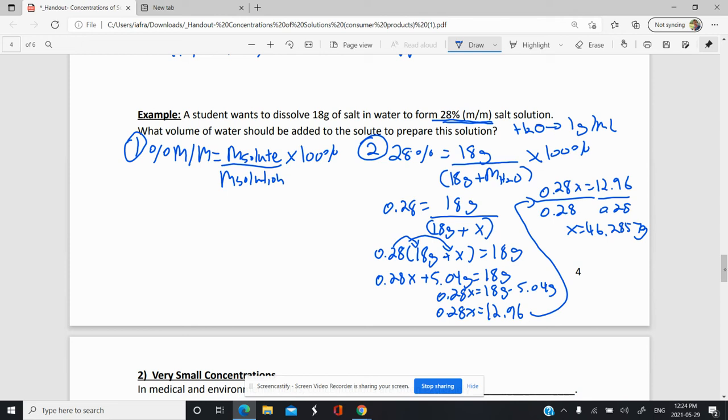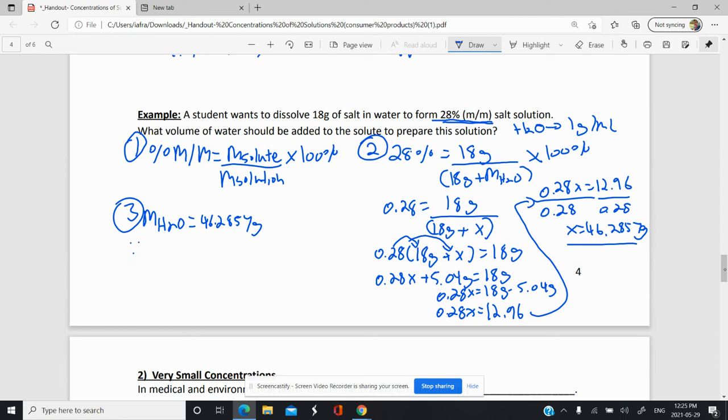So I'm going to do this next step over here. So we found that the mass of the water is equal to 46.2857 grams. Now, here's what we know.